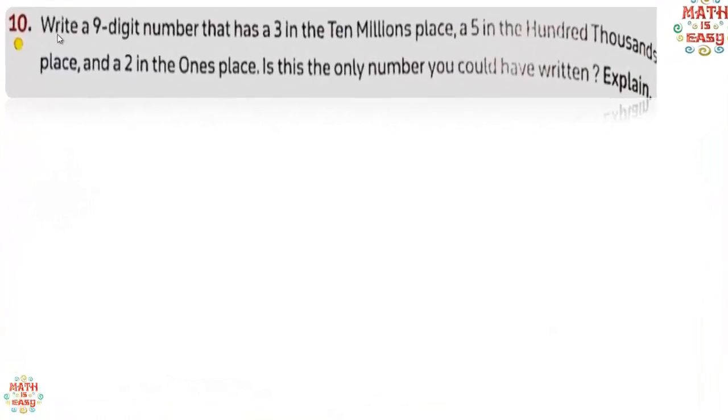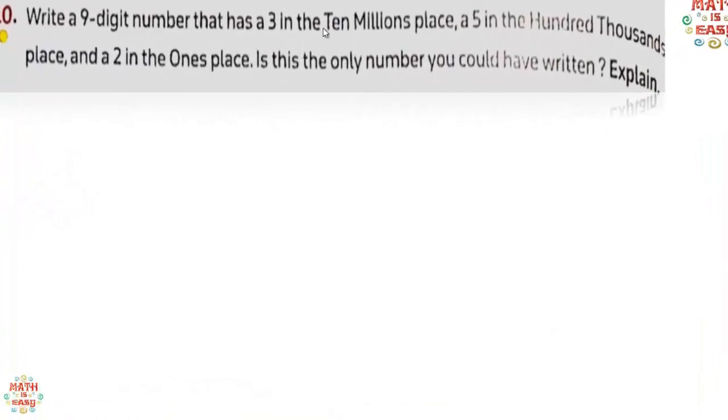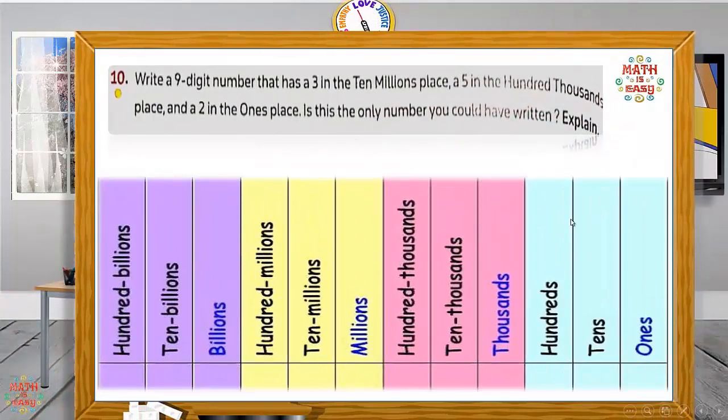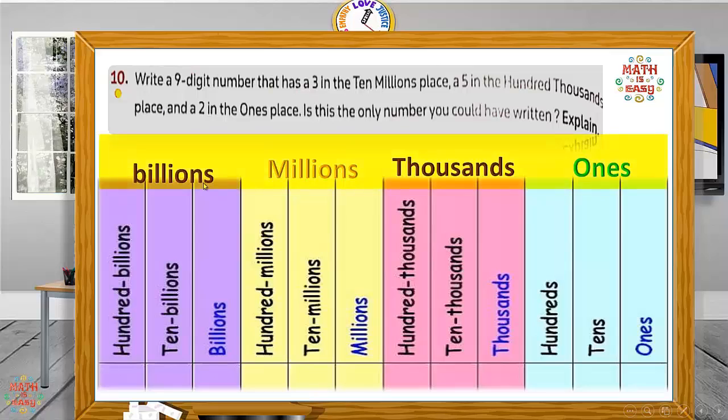Number 10. Write a 9-digit number that has 3 in the 10 millions place, 5 in the 100,000 place, and 2 in the ones place. Is this the only number you could have written? Explain your answer. Here we have a place value chart: ones, thousands, millions, billions.